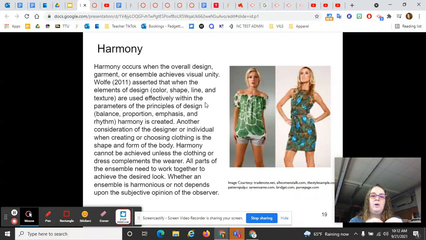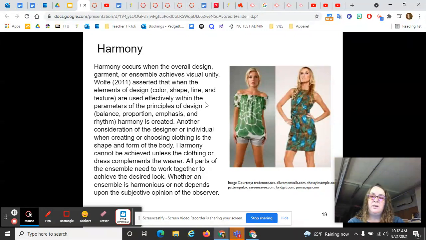Okay. You want to make sure that how you dress your client creates harmony on their bodies and for them. If you don't create that harmony, then you're going to have an unhappy client.